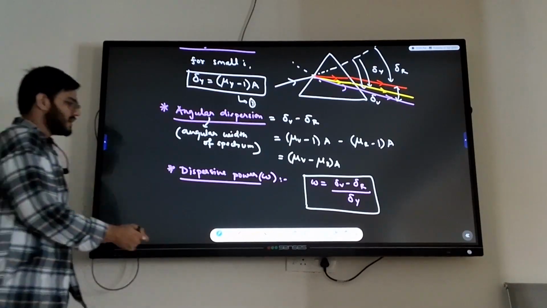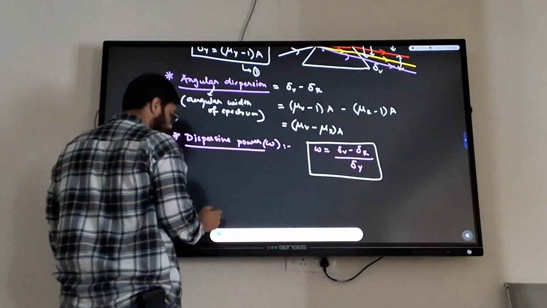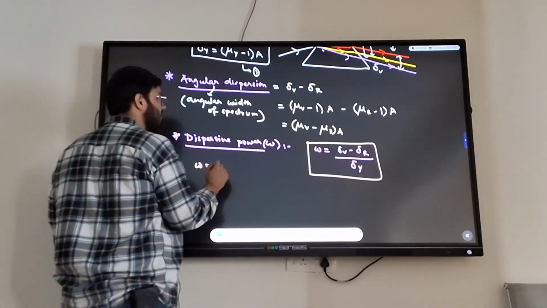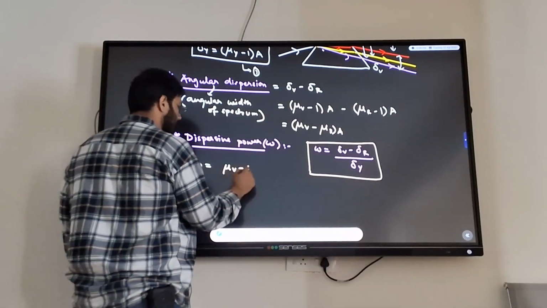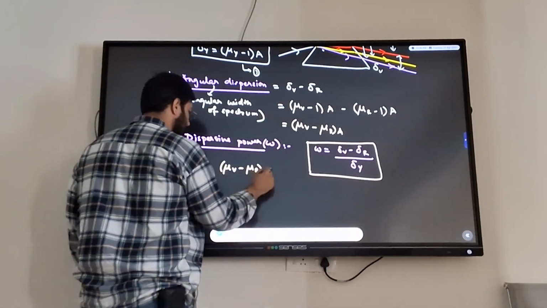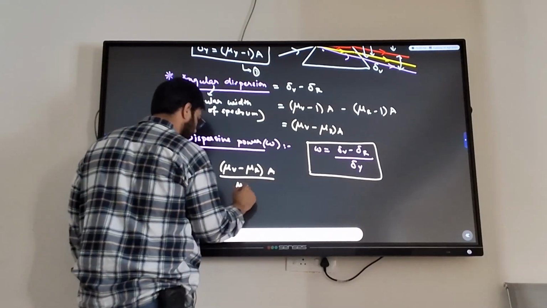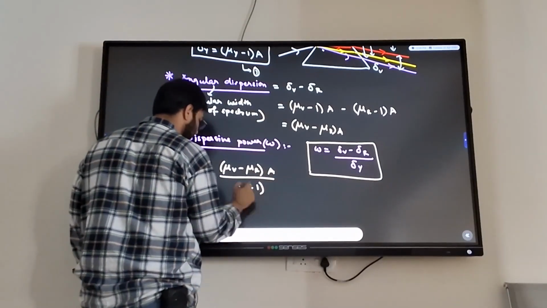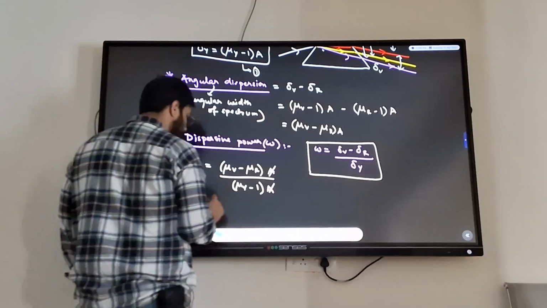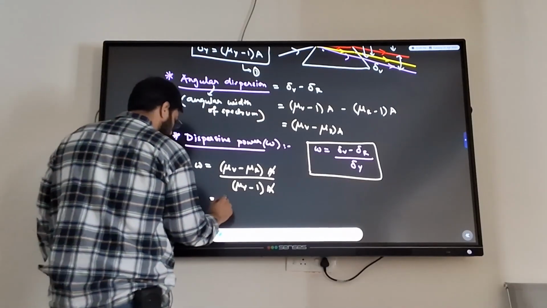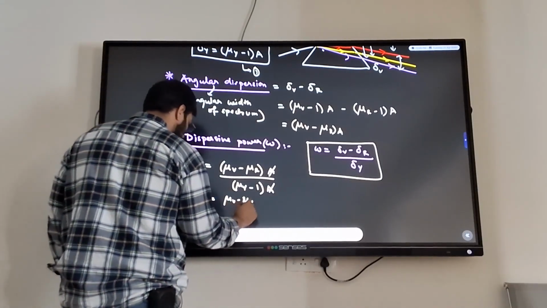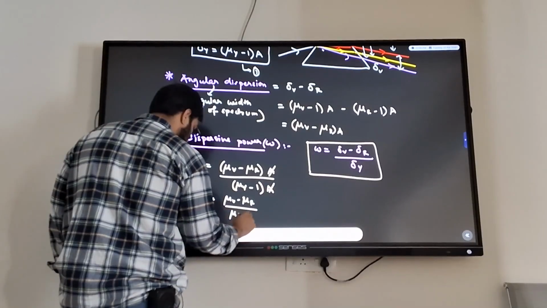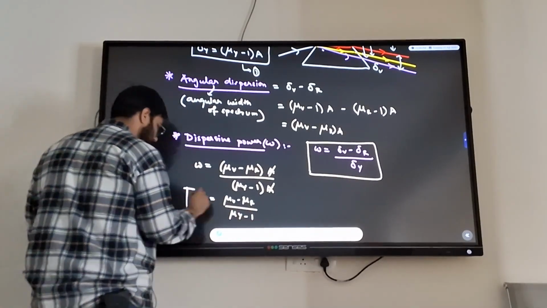If I substitute the other forms, then omega is also equal to mu v minus mu r into A divided by mu y minus 1 into A. And if I cancel the A's, then what will I get? Mu v minus mu r upon mu y minus 1. That's omega.